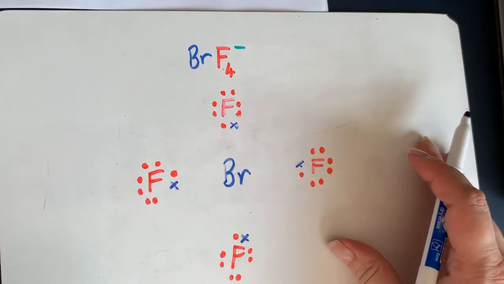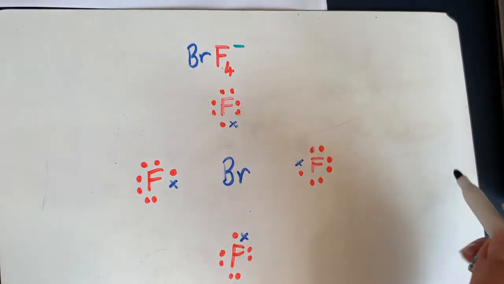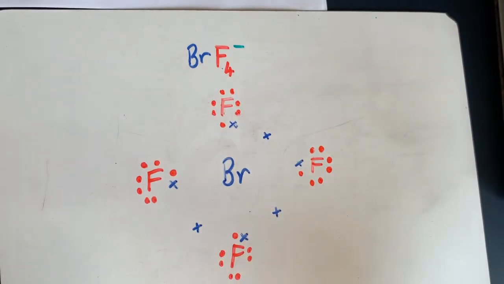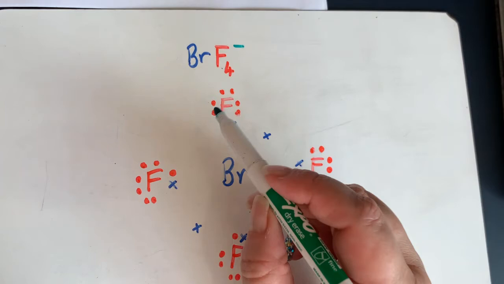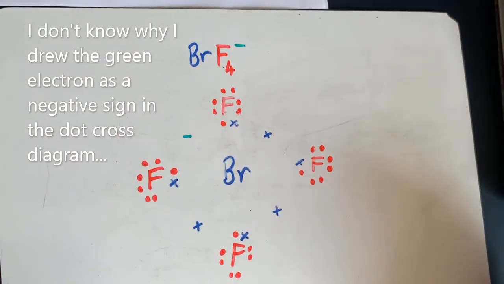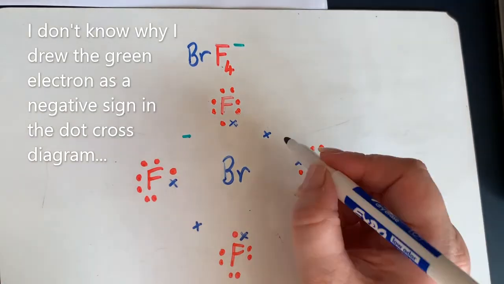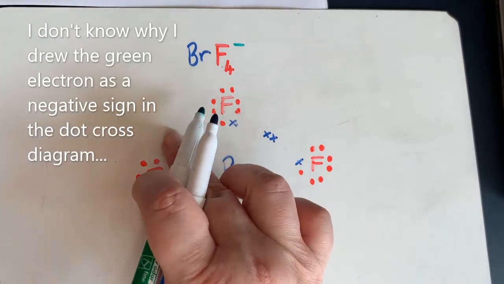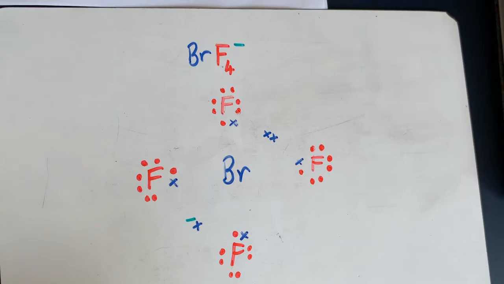So the 4 are used to complete those covalent bonds, but we've still got 3 more electrons to go in from the bromine. And we've also got this 1 electron here. Now although this looks really odd, we know that electrons pair up. So we're going to pair these 2 up to turn it into a lone pair, and we'll also pair those ones up to turn those into a lone pair.